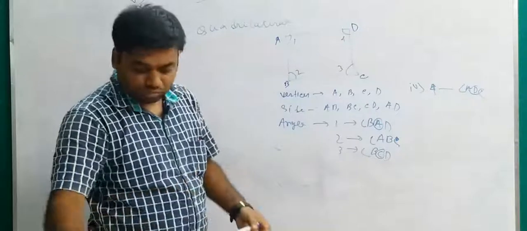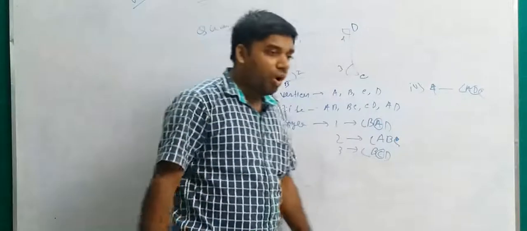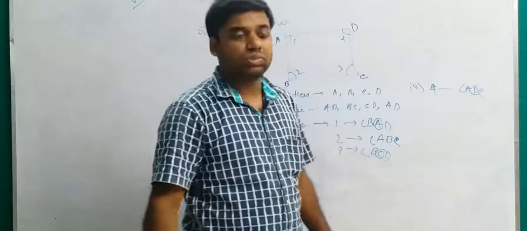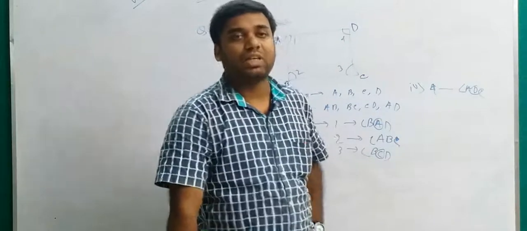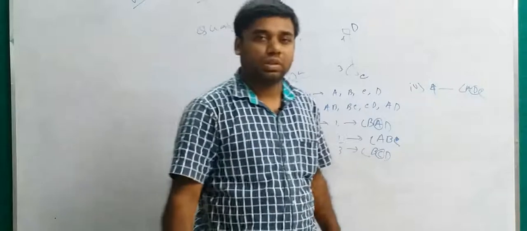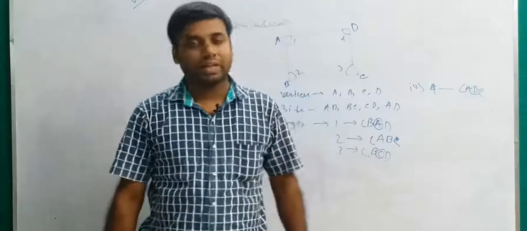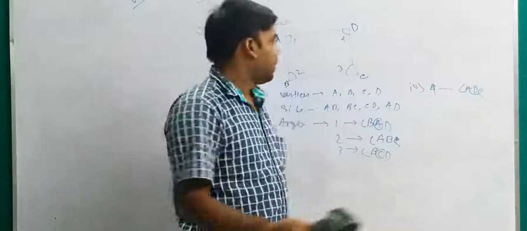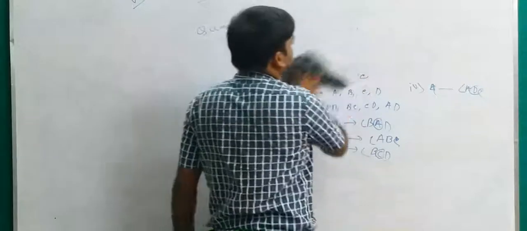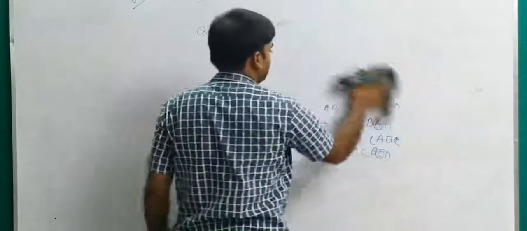On the basis of sides, we can divide the quadrilateral into 5 or 6 types, that is square, rectangle, parallelogram, trapezium. But later in the higher class we will discuss this.